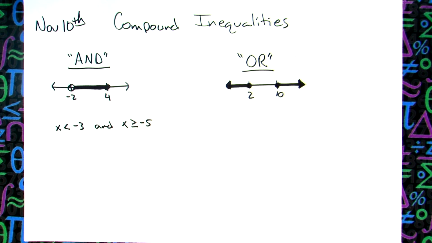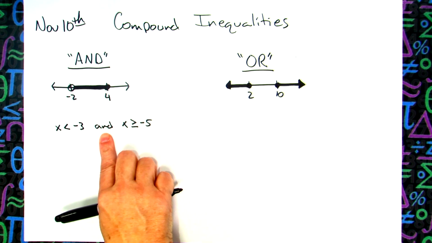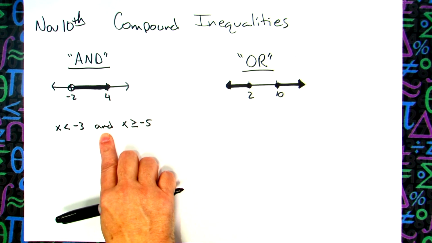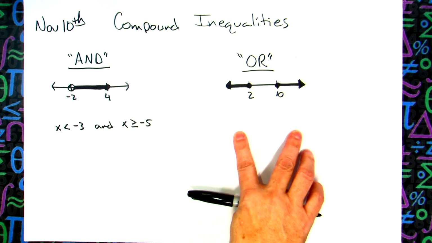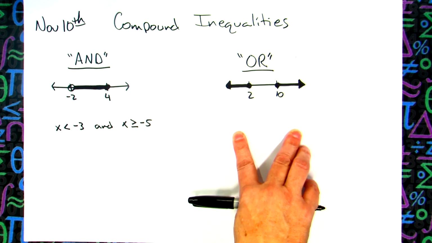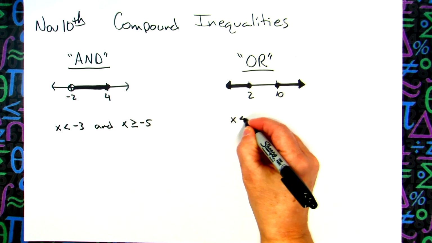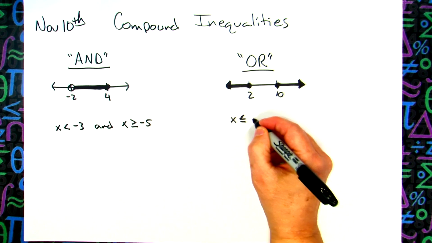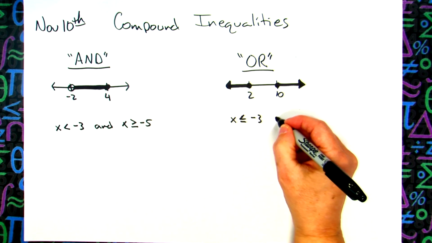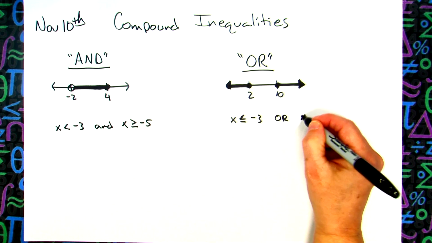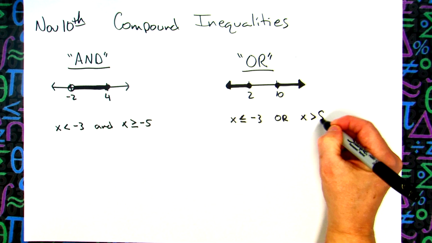If you see the word and in it, you know it's an and inequality, guaranteed. Over here, you're going to obviously see the word or. So you might see something like x is less than or equal to -3, or x is greater than 8.